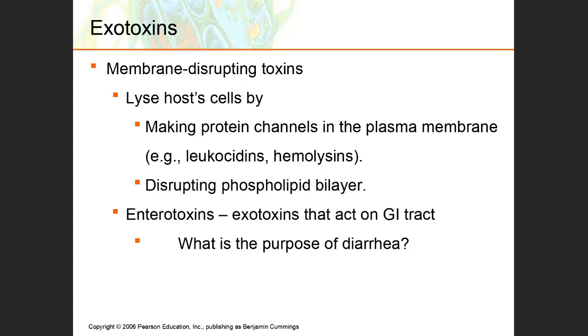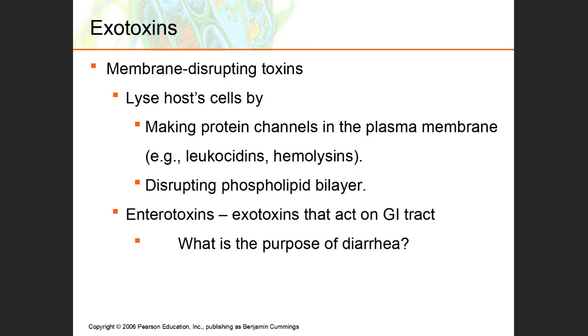Now, an example of an exotoxin that exerts its toxic effect on the gastrointestinal tract is an enterotoxin. So an enterotoxin is an exotoxin, but it specifically targets the intestines, in particular the large intestine. And the symptom is diarrhea. And so I always ask my students, what's the purpose of diarrhea? And they always give me a logical answer, which is incorrect.